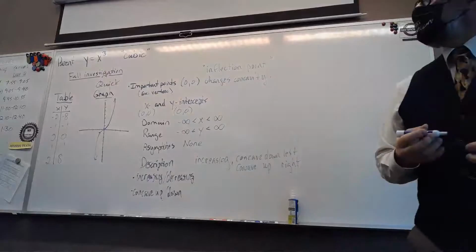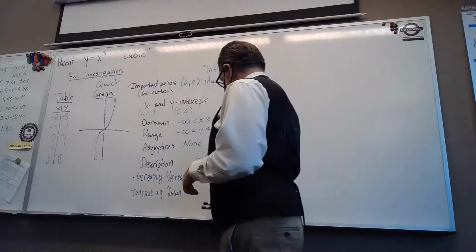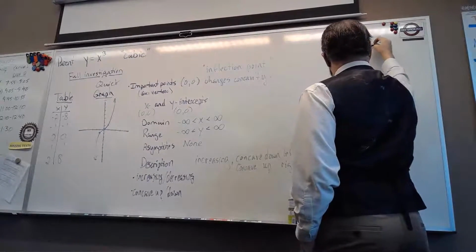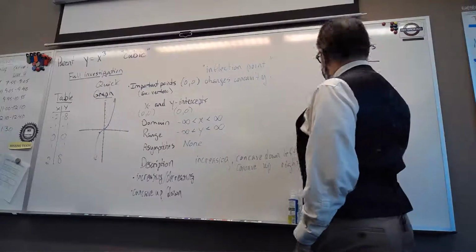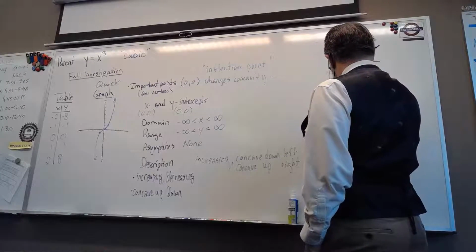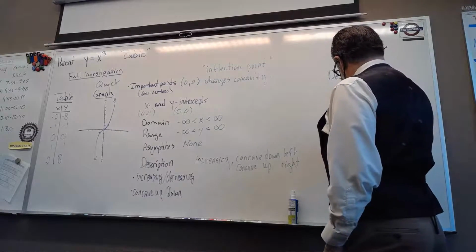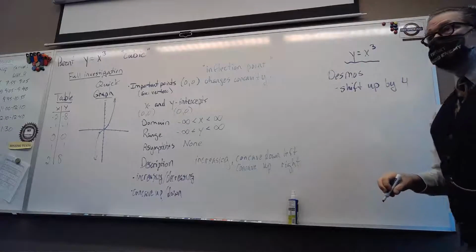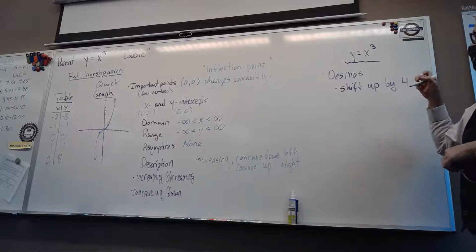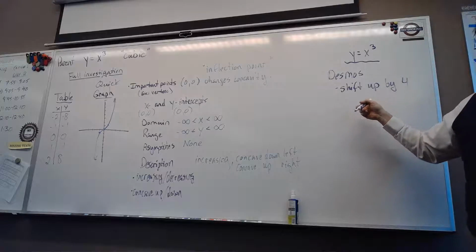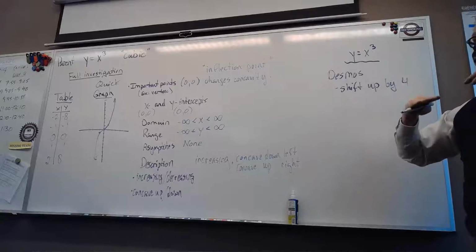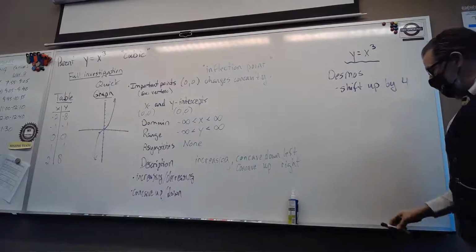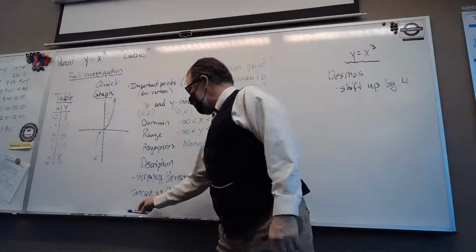Good. Okay, next question. I want you to take y equals x cubed, and in your Desmos Chromebook calculator, I want you to figure out how to shift this graph up by 4. What do you need to do in your Desmos grapher to shift that graph up by 4? Go. Play around with it. Experiment. Try different things.